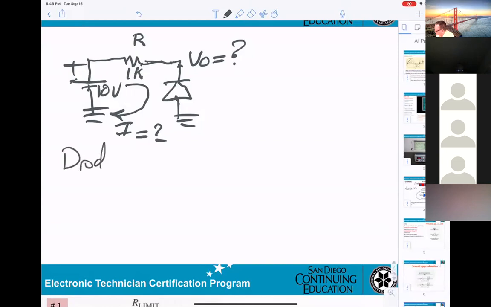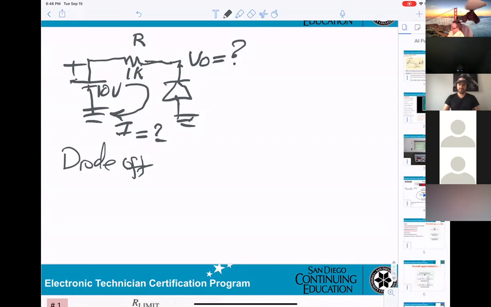And the answer has to be diode off. Reverse bias. There's no current flow. On this side you get 10. On this side you get 0. So that's why the diode is off. Okay? The diode is off, then now you see the circuitry.